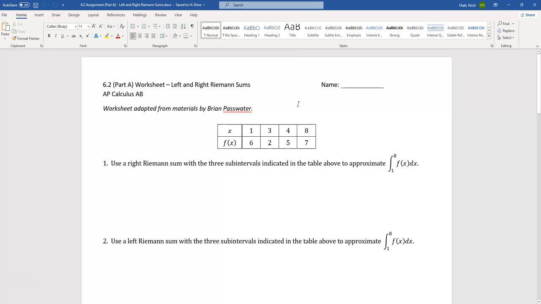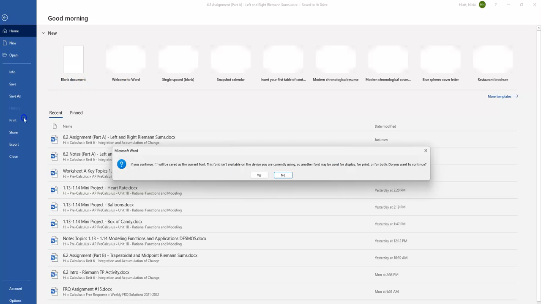And there was no answer key because I have not done the answer key yet. On this one, I'm just going to go ahead and make this my key. Let me save this as my key.